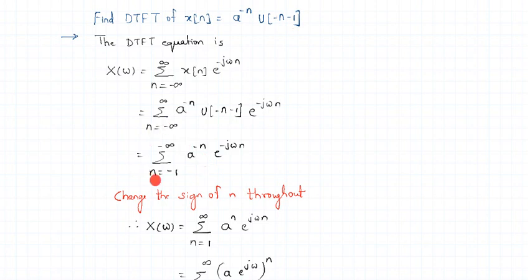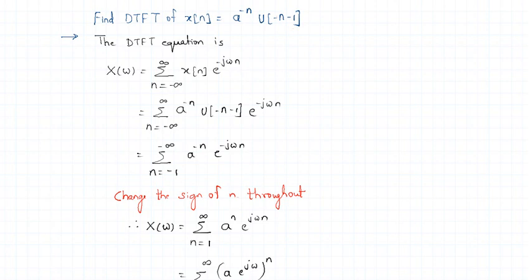Now to simplify this summation, the very first step we observe is that the limits have a negative sign. To fit it into some identity, we need to first change the polarity of the limits, making them positive. And that is possible by changing the sign of n throughout.